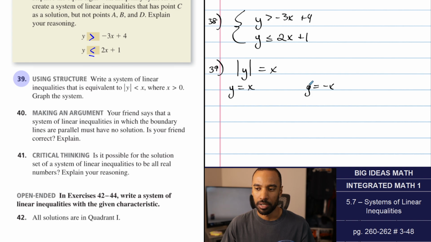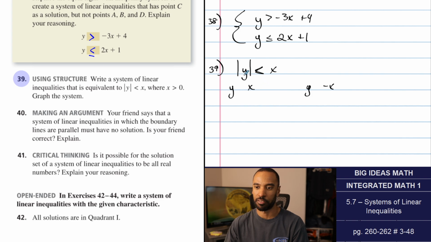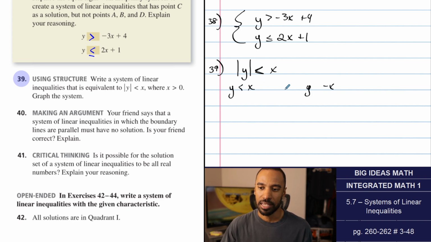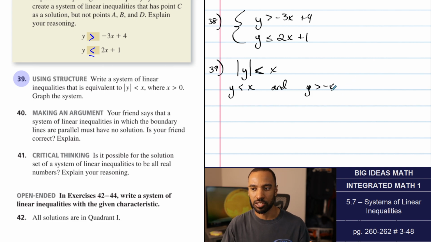Now, did we learn absolute value inequalities? I think we did, right? So absolute value of y is less than x. They said x has to be greater than 0, so we're only talking about solutions where a positive or negative occurs. So y is less than x and y is greater than negative x is our setup.